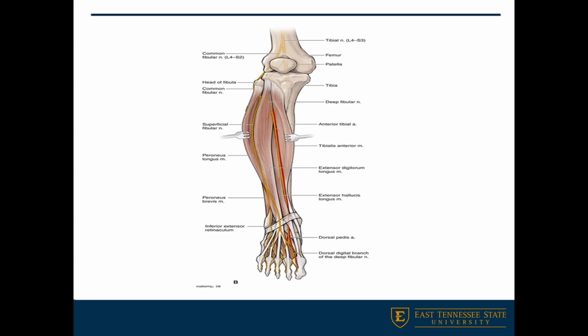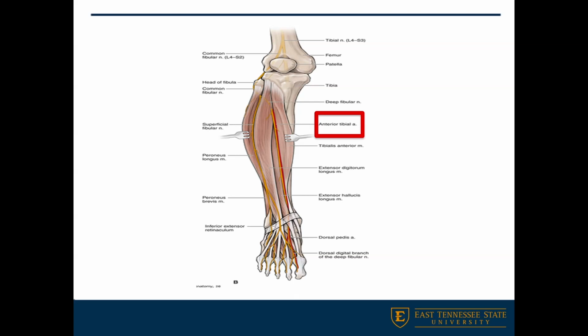Moving on to the blood supply, we have the anterior tibial artery. It's a branch arising from the popliteal artery. It passes anterior through a gap over the interosseous membrane to reach the anterior compartment. It descends on the interosseous membrane between tibialis anterior and extensor digitorum longus muscle.